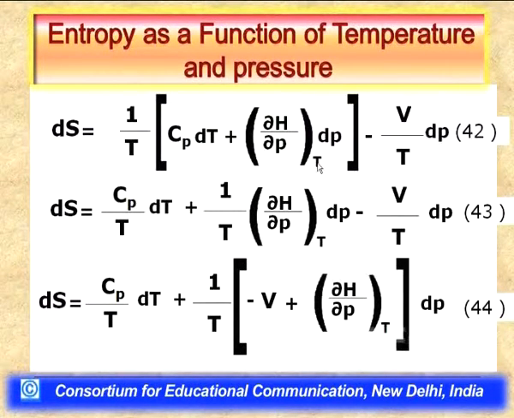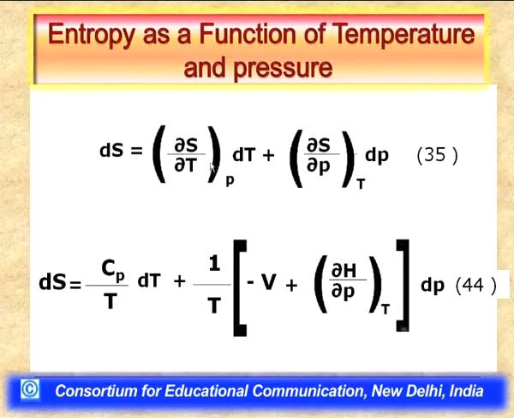Ultimately, we can collect the dT terms separately and the dP terms separately. So now we have dS equal to Cp by T dT plus 1 by T times (minus V plus (∂H/∂P) at constant T) dP.